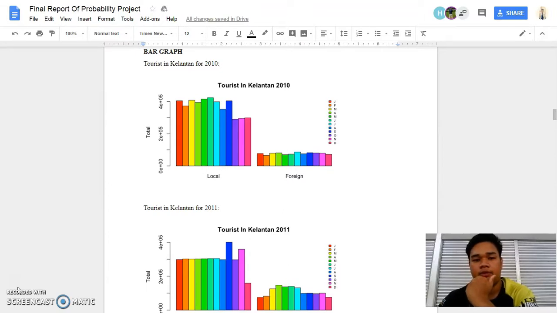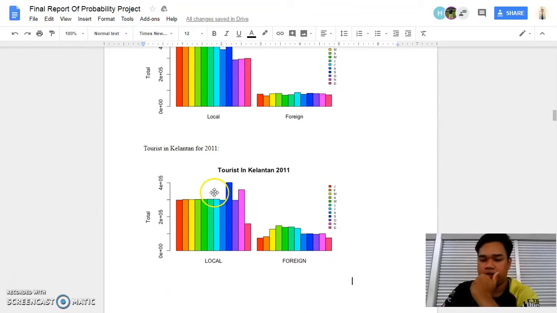From the bar graph, you can see there is fluctuation in the number of local tourists in Kelantan in 2010, but it is more stagnant for foreign tourists in 2010.